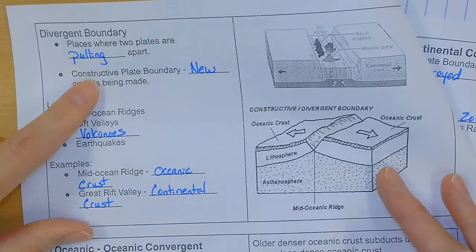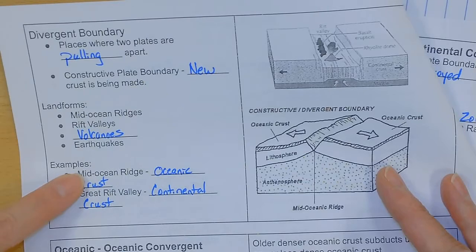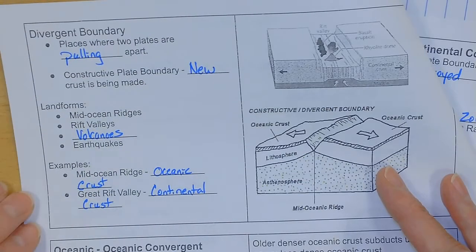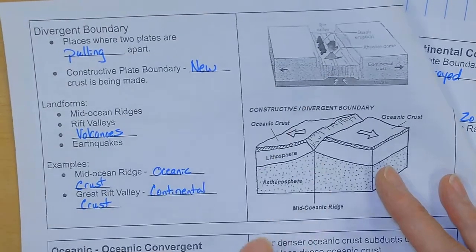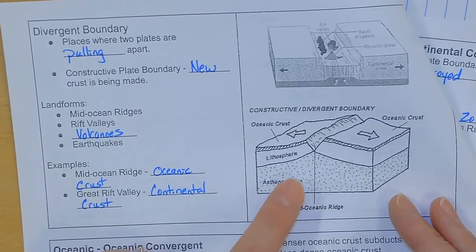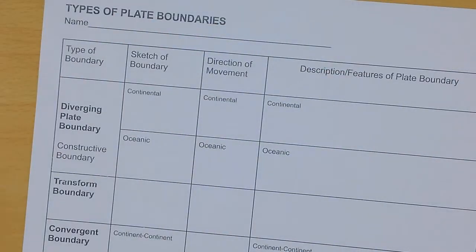You have new crust being made. Here are the landforms, and this is where you're going to find the ridge and the Great Rift Valley. And here's a diagram that shows continental crust, and here's a diagram that shows it on oceanic crust. So there's the information that you need for this first one.